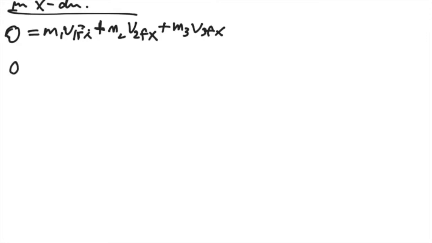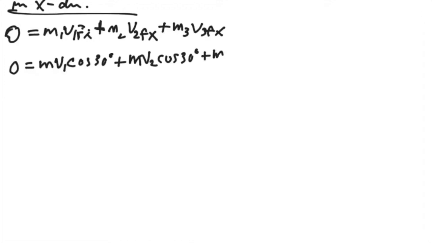So we have 0 is equal to mass. They're all the same masses, so let's just use m. Velocity 1 final in the x direction is equal to v1 times the cosine of 30 degrees. It's positive. Mass 2 is m, v2 final in the x direction is v2 cosine 30 degrees. It's positive. And then mass 3 is also mass m, and v3 final in the x direction is actually just going to be v3.